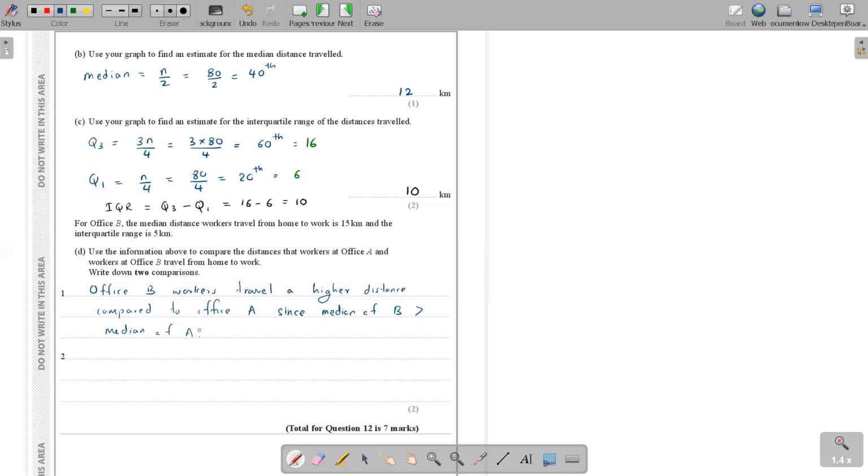They travel a higher distance. Why? Because their median is higher than the median of office A. You say it like this, and it's fully given with reasons supported.